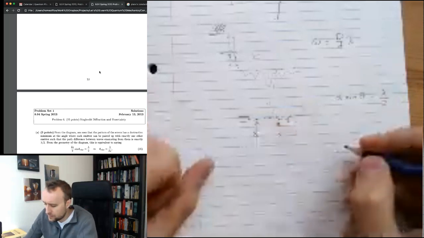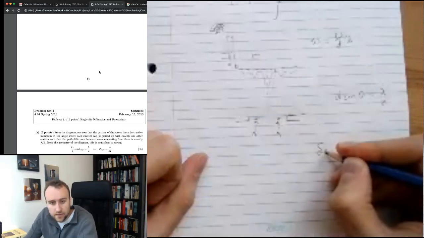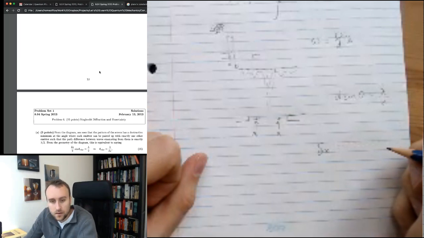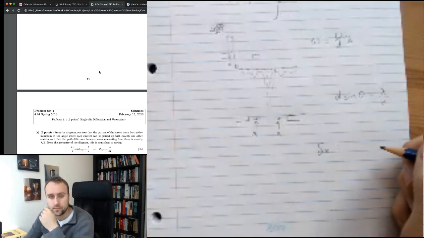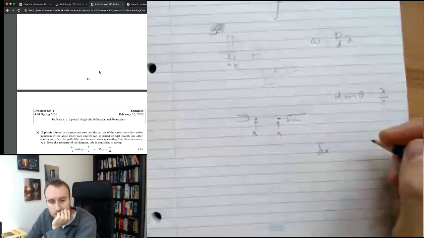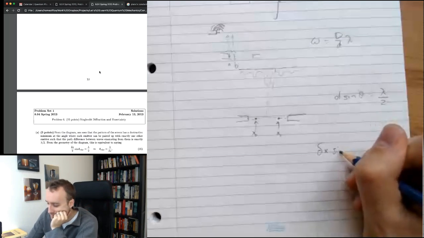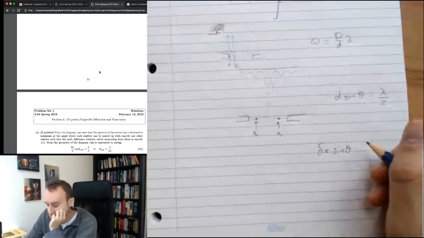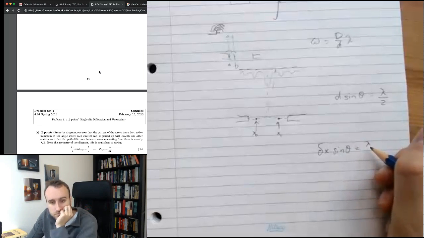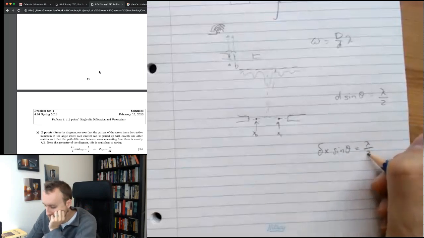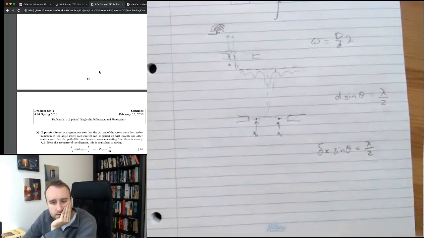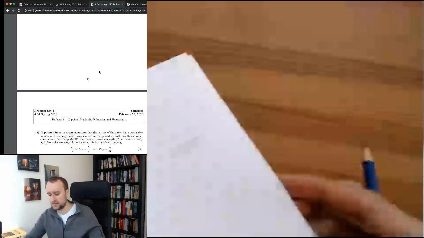So we have delta x divided by 2. Why is this divided by 2? Why is that divided by 2?